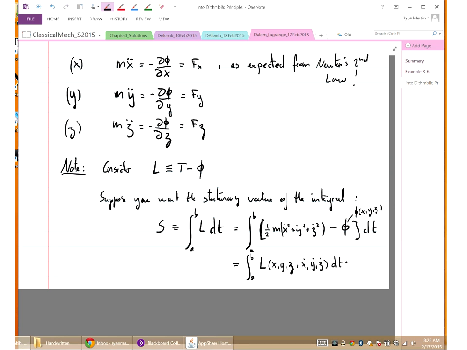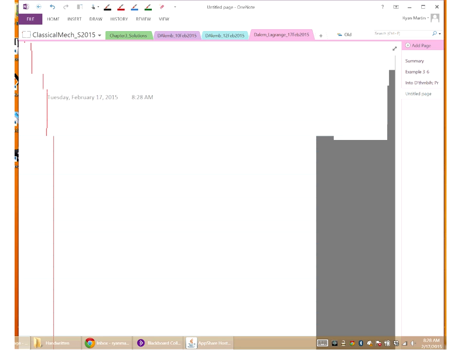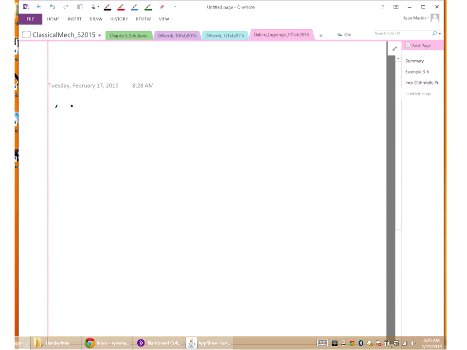So we know how to do this, right? We know how to find the stationary value. So in this case, this is a problem of the calculus of variations.